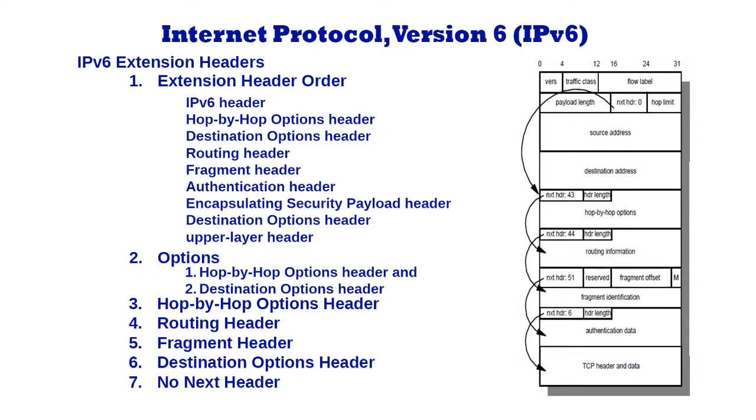No next header. The value 59 in the next header field of an IPv6 header or any extension header indicates that there is nothing following that header.